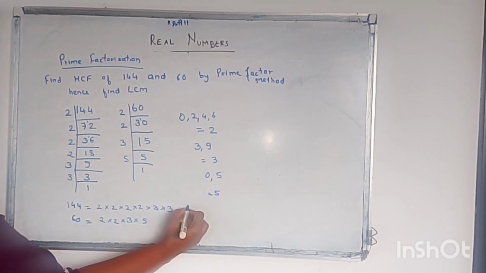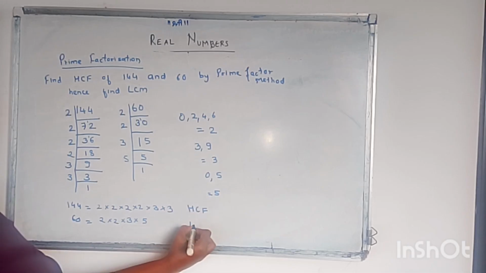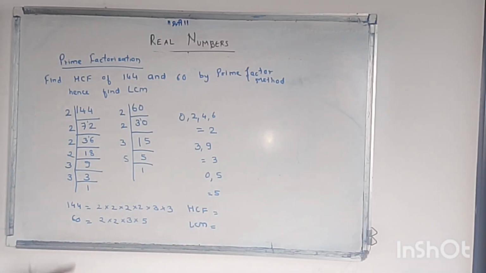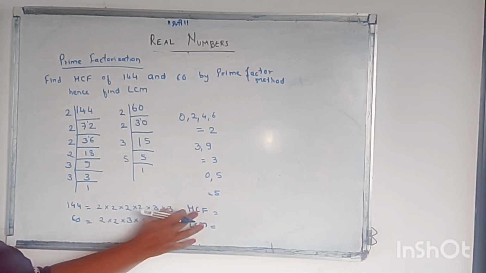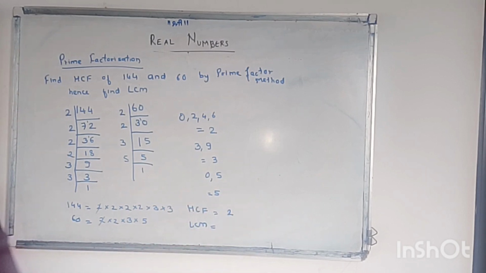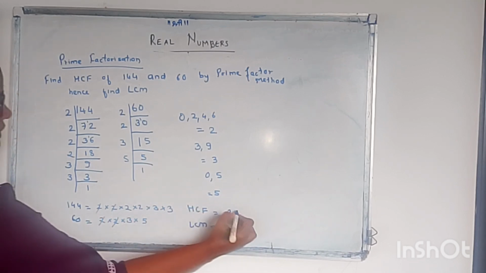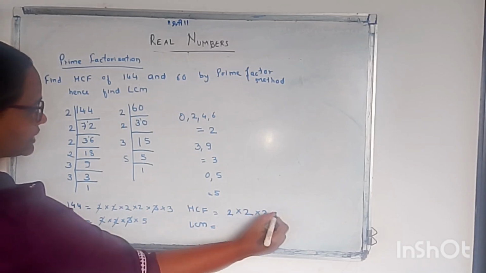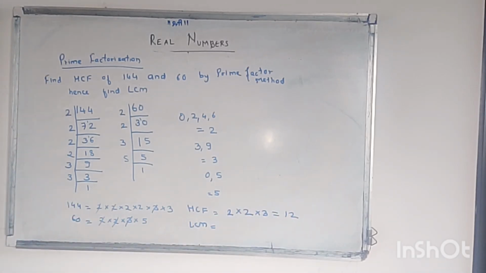So how to find the HCF and LCM? HCF is the highest common factor. So this is HCF in both. 2 is common in both. Again 2 is common in both. And 3. So HCF is 12. 2 2s are 4, 3s are 12.